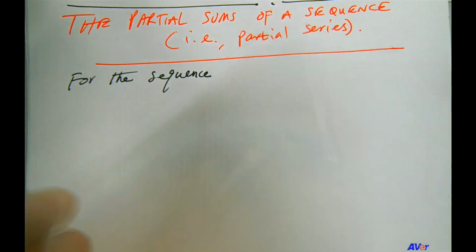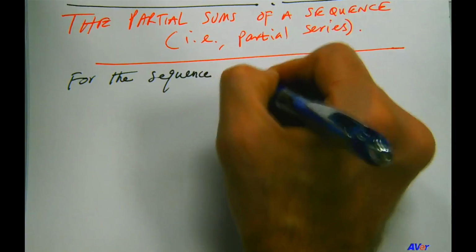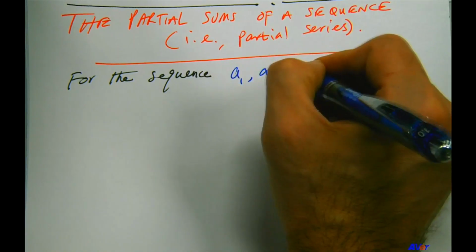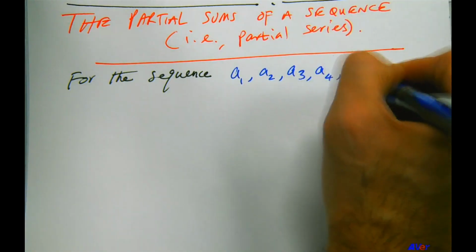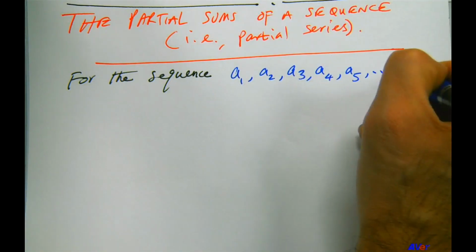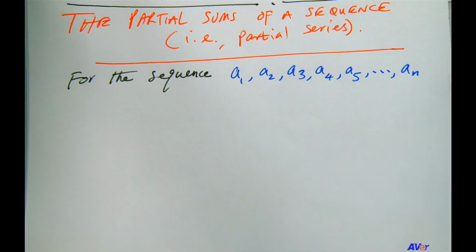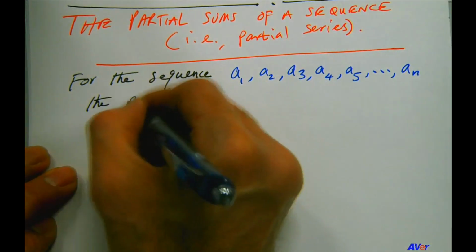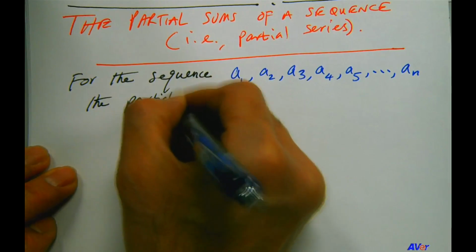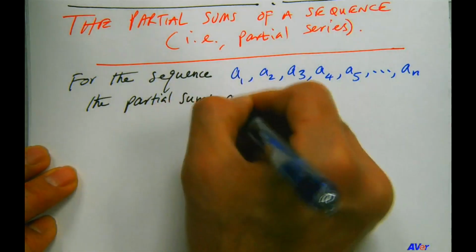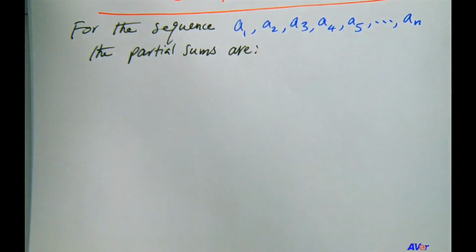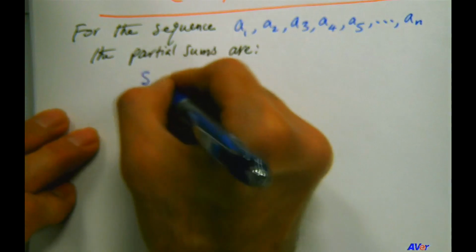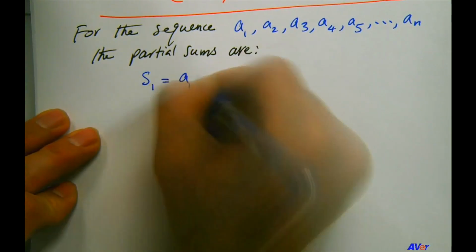So for the sequence A1, A2, A3, A4, A5, dot, dot, dot, all the way to AN, the partial sums are S1 equals A1.